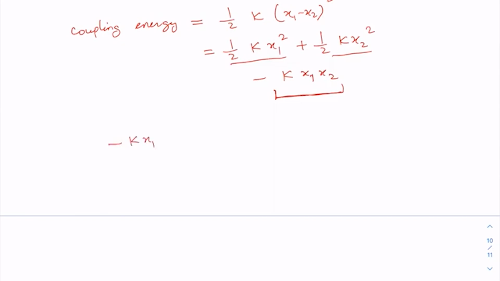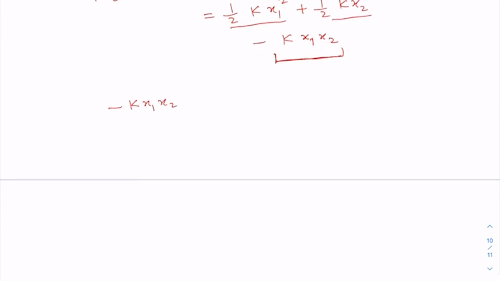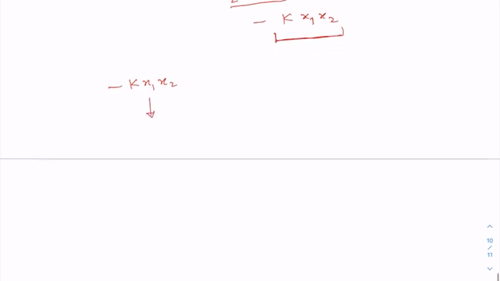If I now want to study quantum mechanics, if I go to the quantum regime, then I can write x1 and x2 in terms of creation and annihilation operators. So let me do that. As per our definition, x1 would be q01 (a1 plus a1 dagger). Just to remind you that we defined earlier the position operator as q0 (a plus a dagger).